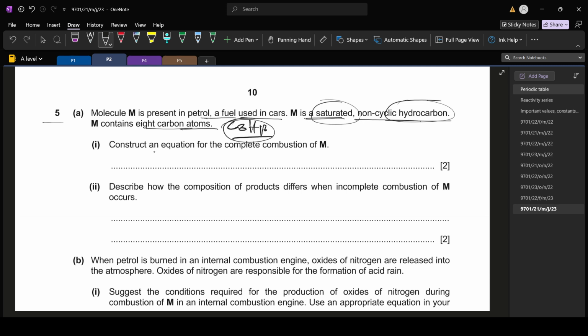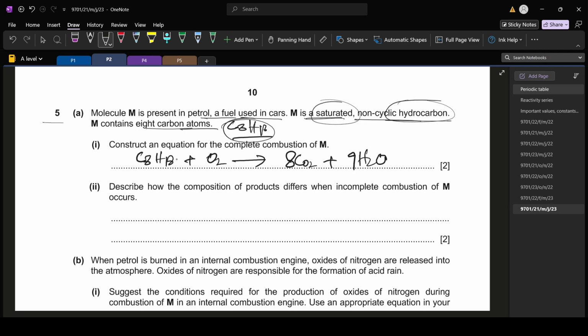So construct an equation for the complete combustion of M. So C8H18, when it reacts with oxygen, it will form carbon dioxide and water. And there are 8 carbons, and how many hydrogens? 9 water.